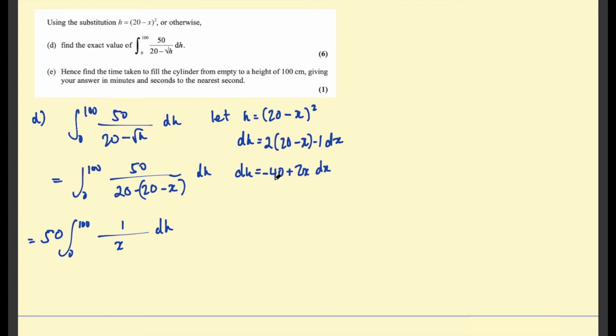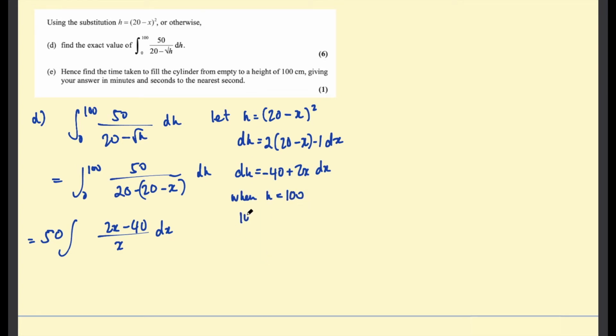So now we're going to substitute this in for dh. So rather than writing 1 dh, we're going to write 2x take 40 dx. But now that we've changed what we're integrating with respect to, we need to change the bounds as well, because it's no longer in relation to h. So now we need to find when h equals 100, what will x equal?